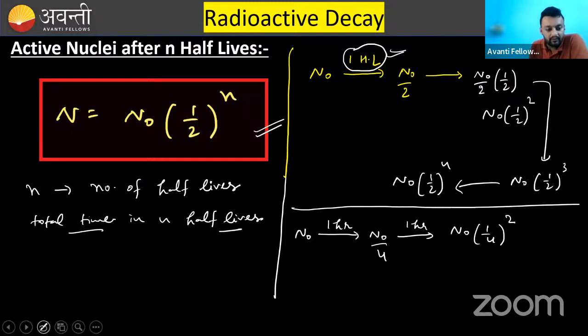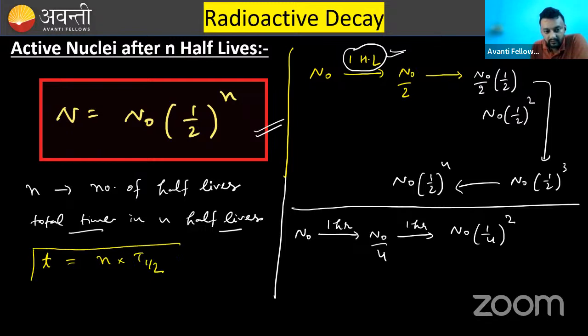So the total time involved in this process, let's suppose T, is n half-lives, and each half-life is of t half. So this is another good relation: total time is equal to n times t half. n is the number of half-lives, and t half is the half-life of the sample, whatever it is.